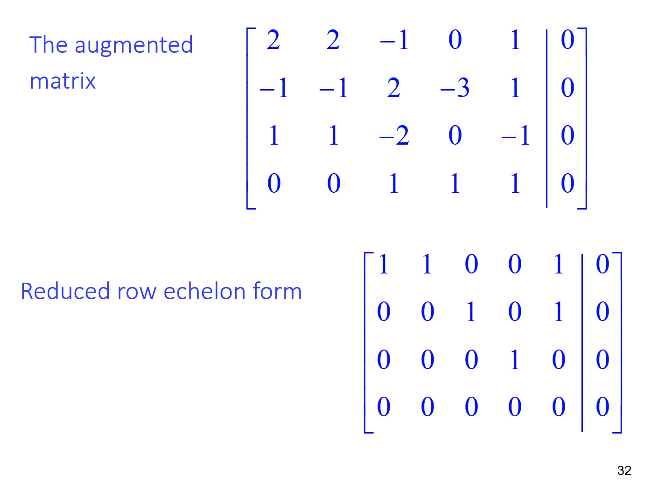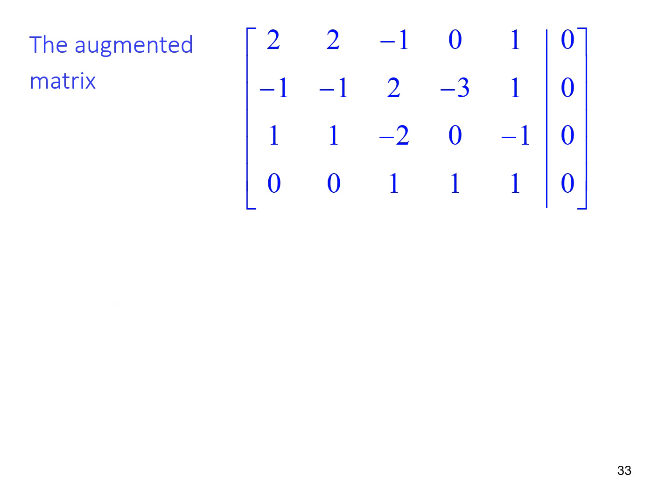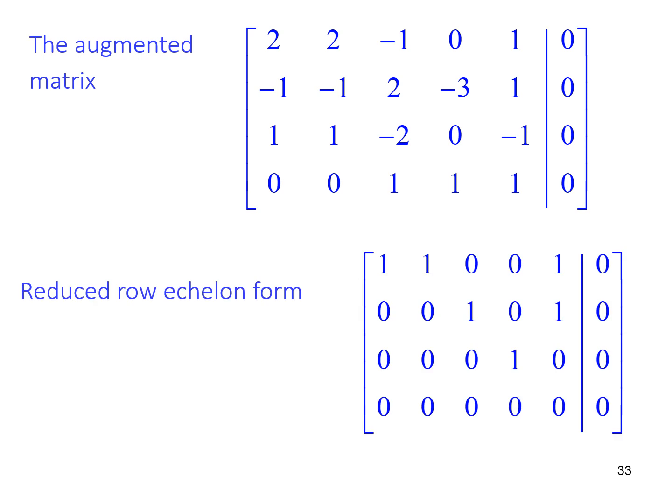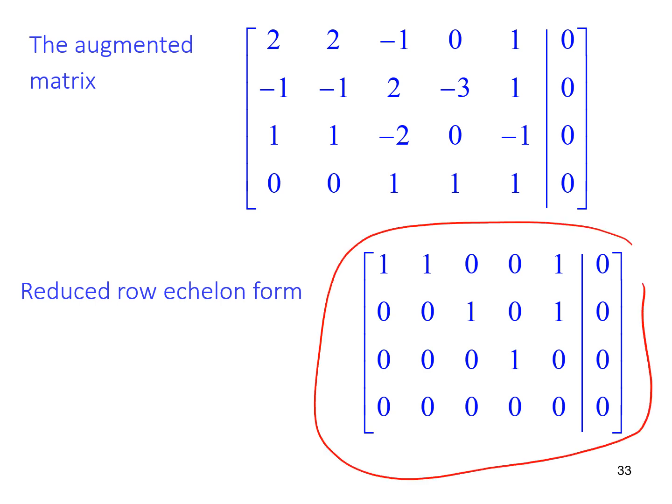All right, and next, we are going to solve the system of linear equations by using the reduced row echelon form, and we will get the corresponding system of linear equations from this reduced row echelon form.